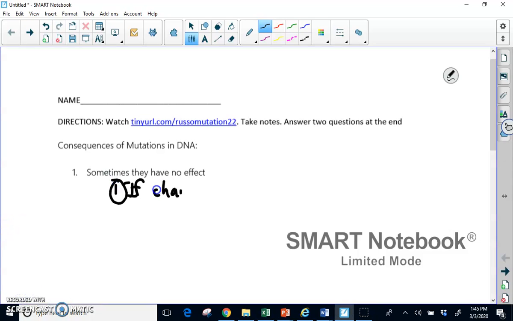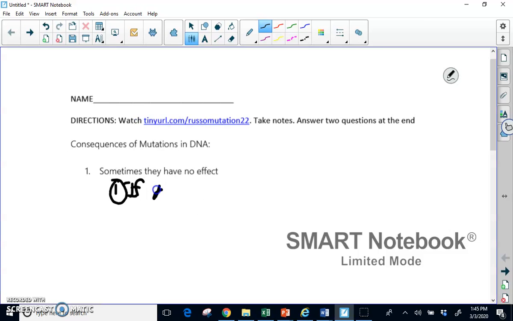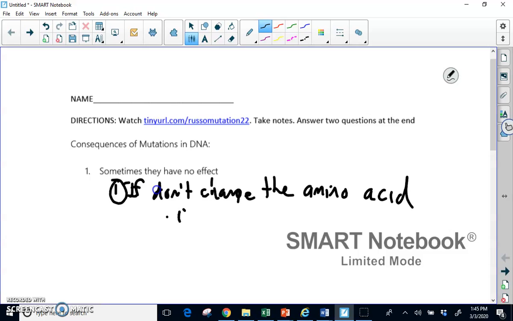If they don't change the amino acid, we talked last time in class about 2 ways that this can happen. The first way is that if you change the third base of a codon, sometimes that doesn't affect the amino acid.